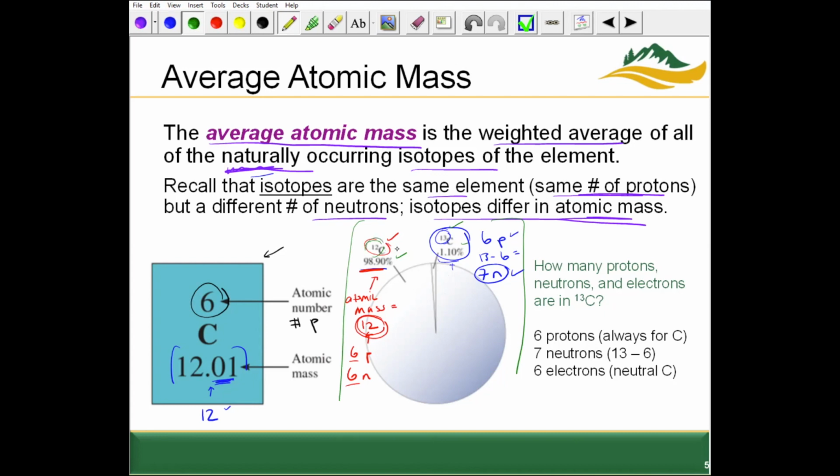With that combination, if we were to do that weighted average calculation, that's how we get this reported average atomic mass on the periodic table. It's not exactly 12 because about 1% of naturally occurring carbon does not just weigh 12 atomic mass units, it weighs 13. So that's where we get this value that's not exactly 12.